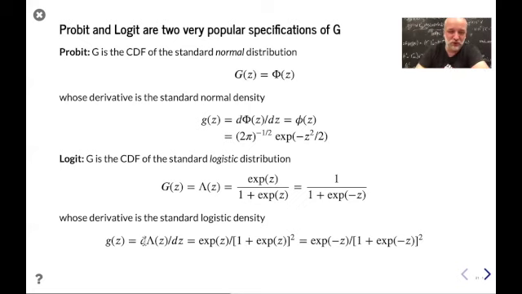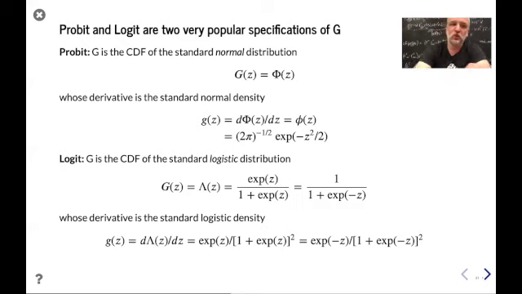So that's the derivative of this function with respect to a change in z. That seems reasonable. Or you can also do this expression. It's the same thing.